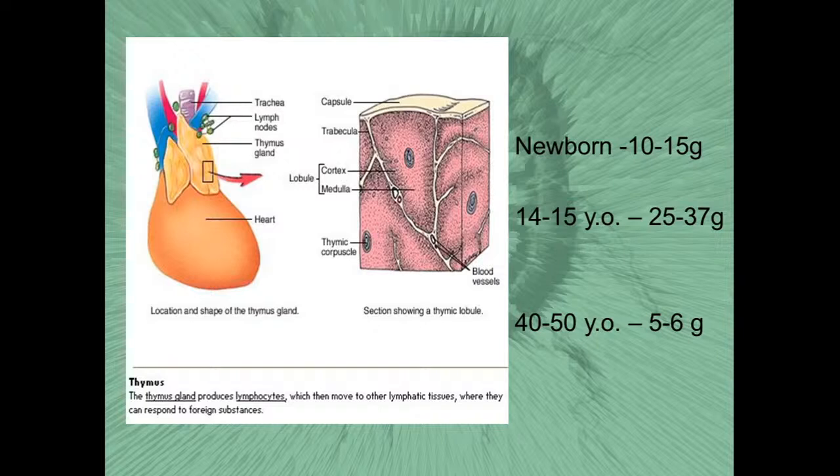And then till the age of 40 to 50 years old, the thymus undergoes gradual degeneration, and its weight will get just 5 to 6 grams. But it's very important, it continues functioning.